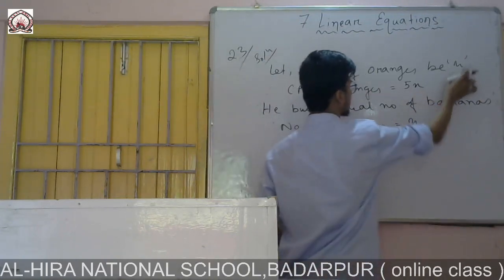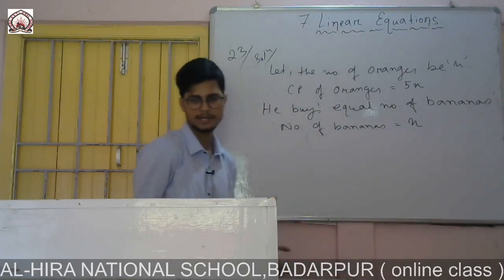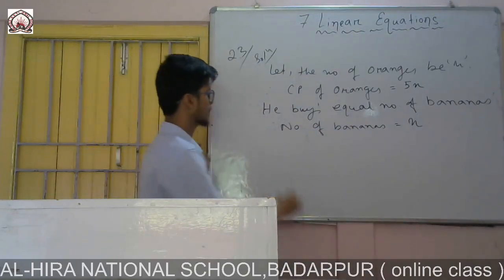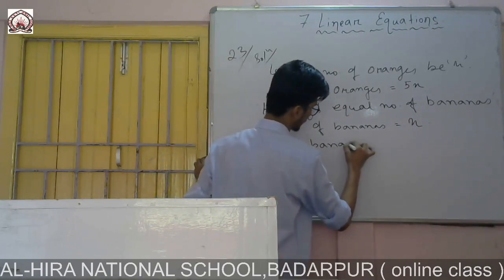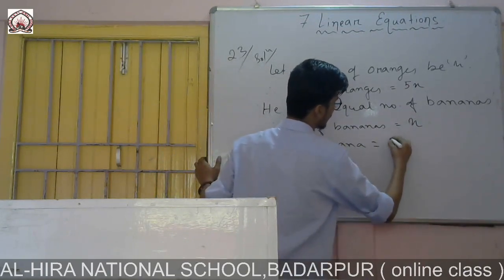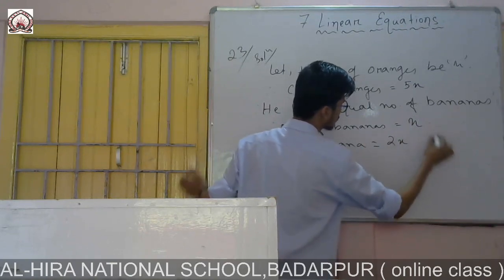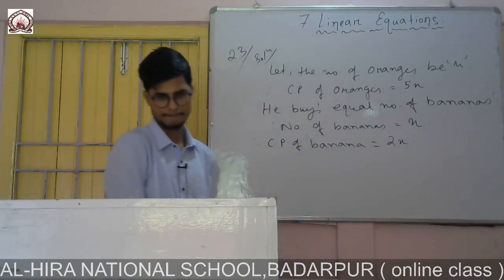The number of oranges and the number of bananas were the same, so I will write it as x. So here we will find the cost price of bananas. Therefore, the cost price of bananas will be, like earlier, each cost 2 rupees, that means 2 into x, twice x.